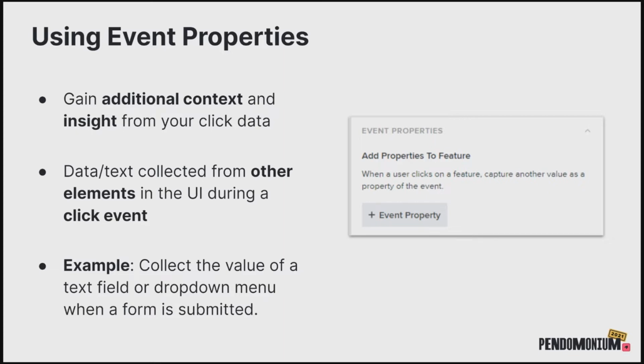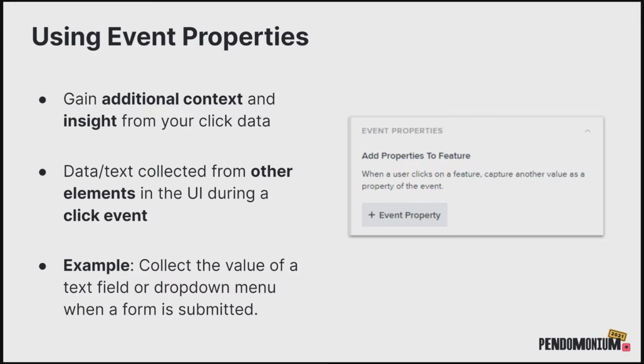So again, if you have a feature to send a text message or an email to your customers, then when the send message button is clicked, you can have Pendo scrape off the field data for the drop-down that says email or text. Super, super powerful. We use this all over the place.